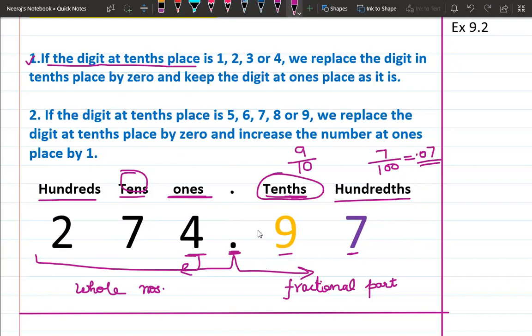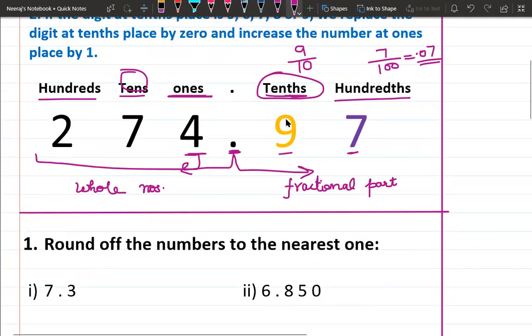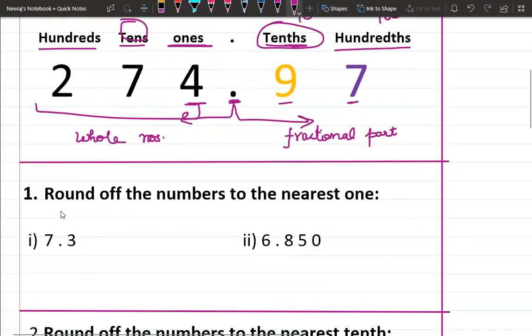So let's study how to round these numbers. Firstly we have to follow the rule for the digit at the tenths place: 1, 2, 3, 4. Suppose we are rounding numbers to the nearest one. We are talking about the ones place, which is on the left of the decimal point, because whole numbers we always write from the ones place.